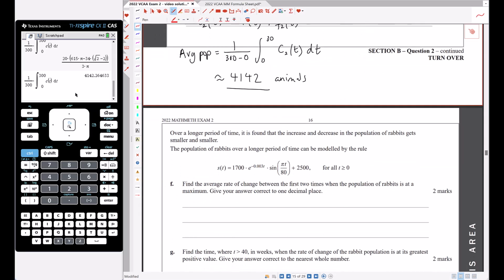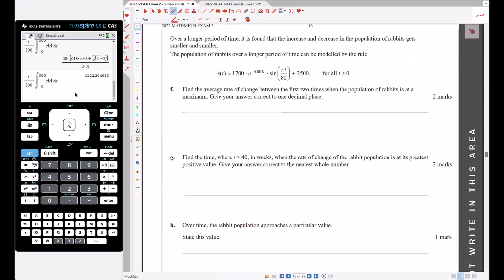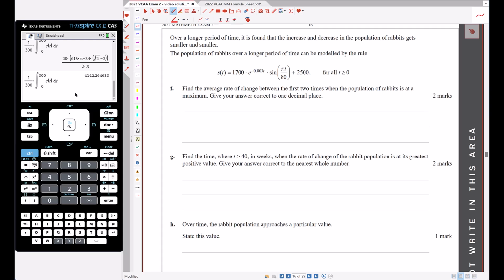Okay, so then over a longer period of time, it's found that the increase and decrease in the population of rabbits gets smaller and smaller. The population of rabbits over a longer period of time can be modelled by this rule. Okay, so let's define that in our CAS. Menu 1, s of t equals 1700 times e to the power of negative 0.003.